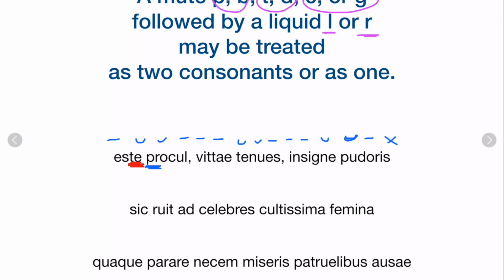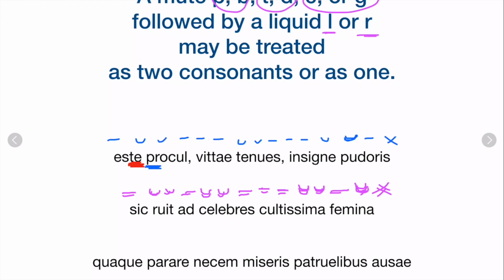Let's look at another one. Sic ruit ad celebres cultissima femina.